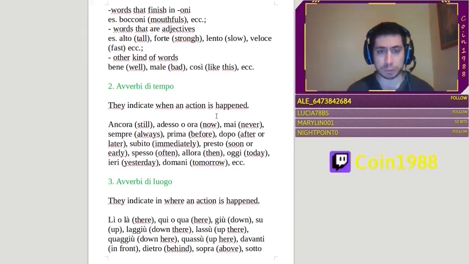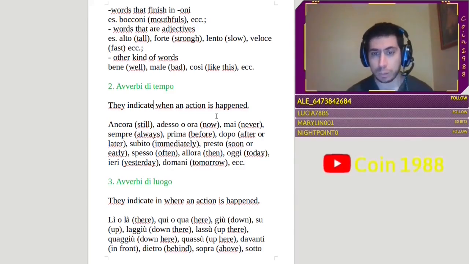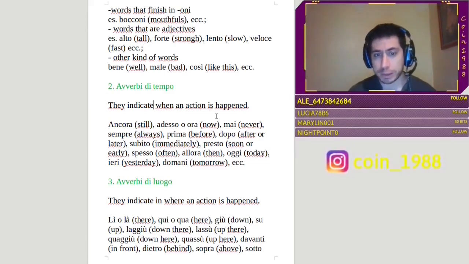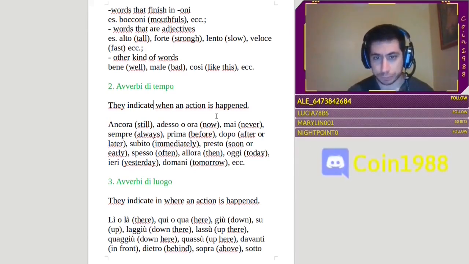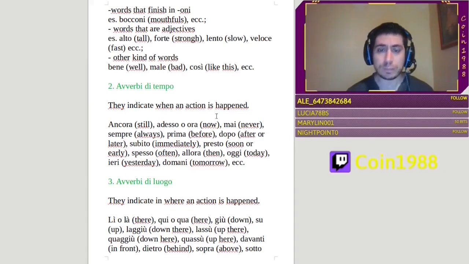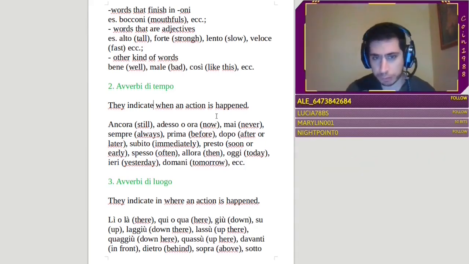So we have, for example, words like ancora, still, adesso or ora, now, mai, never, sempre, always, prima, before, dopo, that means after or later, subito, that means immediately, presto, that means soon or early, spesso, that means often, allora, that means then, oggi, ieri and domani, today, yesterday and tomorrow, etc. I wrote the most used, we can say.